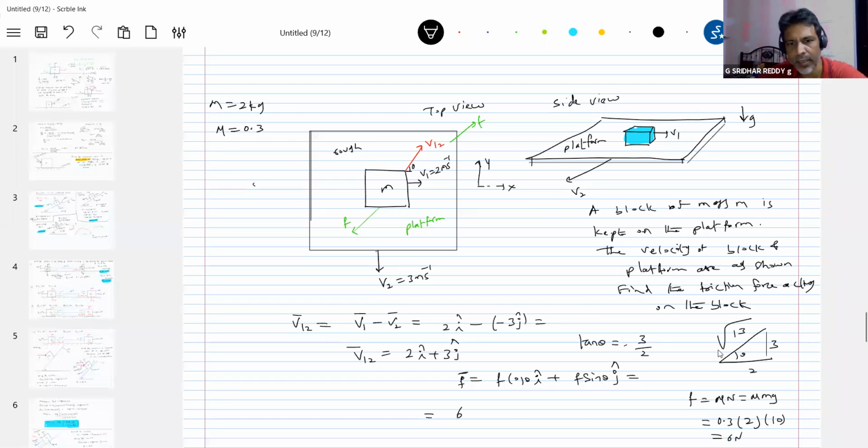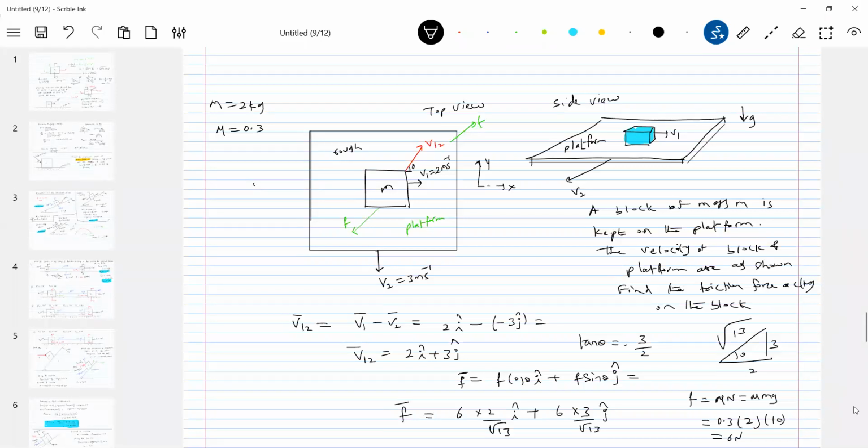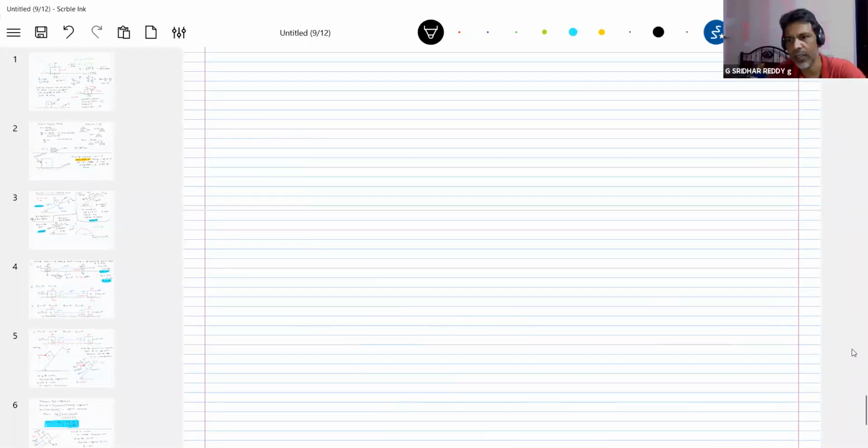Cos theta will be 2/√13 i cap, 6 into sin theta will be 3/√13 j cap. Like this, we'll get the friction. The friction will always act to oppose relative motion between the surfaces. That's one basic idea on which we are moving.